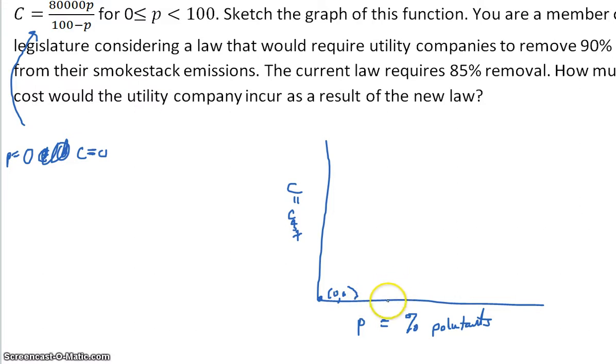Now, if it's going to ask to require 90% removal, we need to figure out just exactly what that is. So let's calculate that. So at 90% removal, let's see what our cost is going to equal. So we get 80,000 times 90 over 100 minus 90.